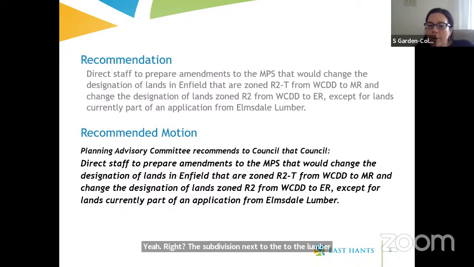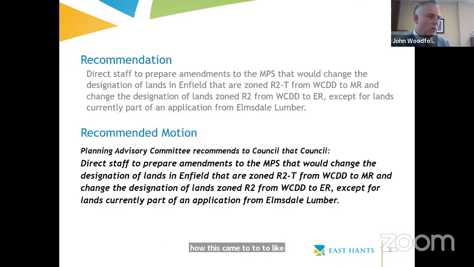And just the fact that it came to light about the uncertainty of the WCDD zoning, as far as what the limits are and what they're allowed to do or not allowed to do, which seemed like there wasn't a lot of limits. That was what was concerning us, and how this came to light.